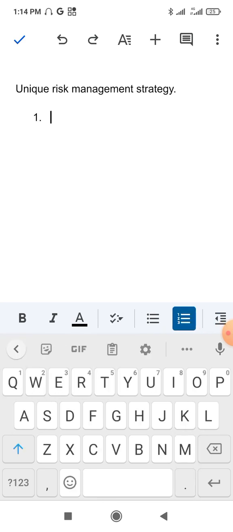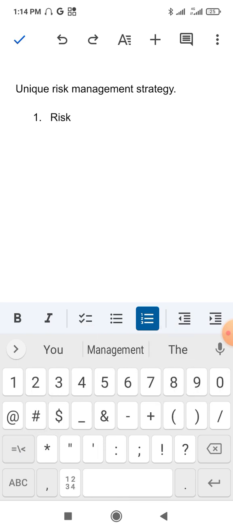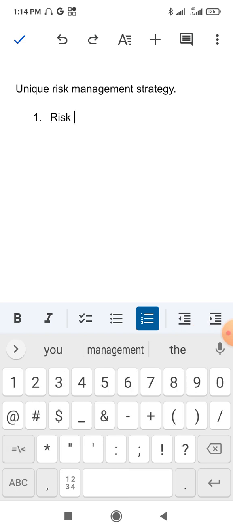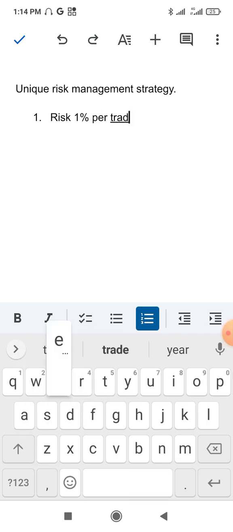So the law is very simple. Risk 1% per trade.